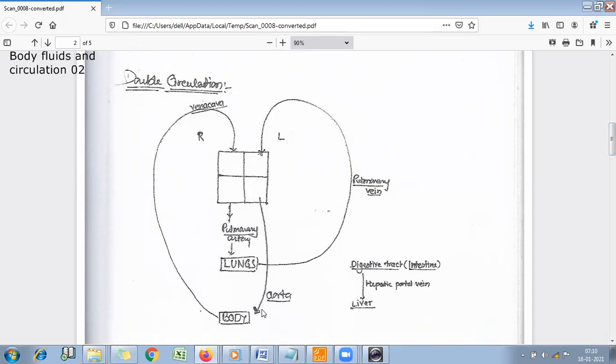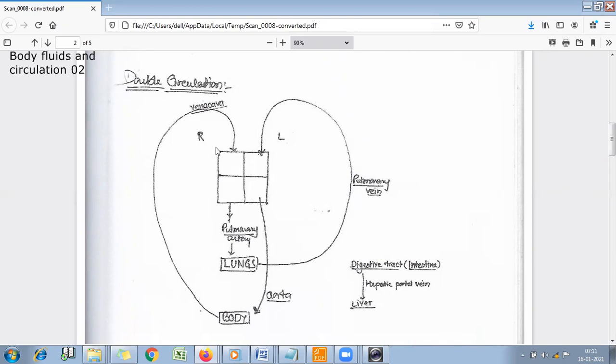Starting from the body, blood again reaches the body, and during this path it crosses the heart two times. You can see here, once it is crossing here, and another time it is crossing here. Since the blood crosses the heart two times, it is called the double circulatory system.